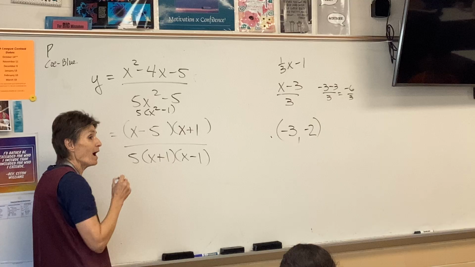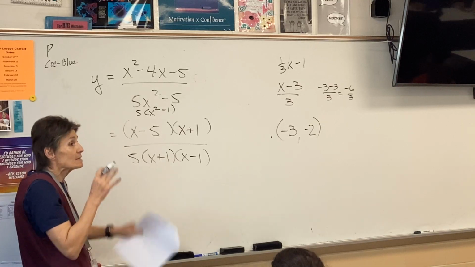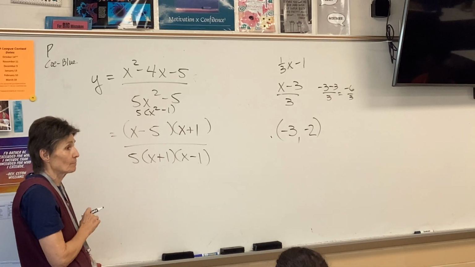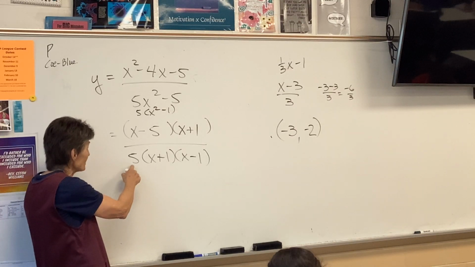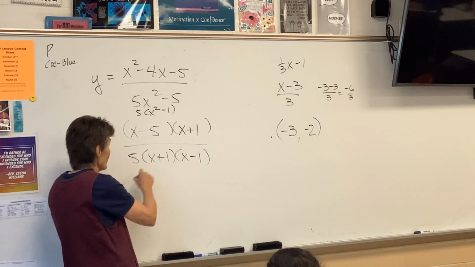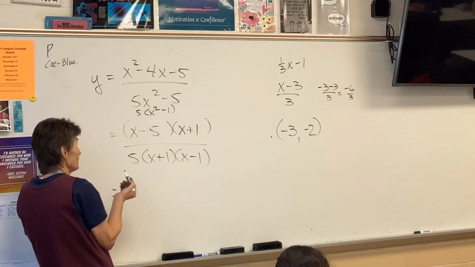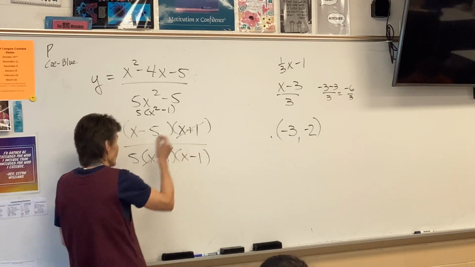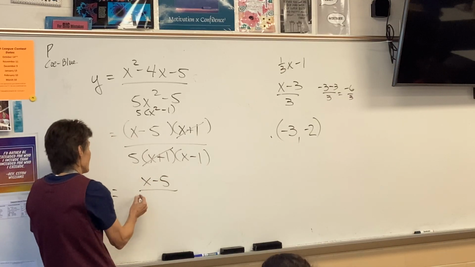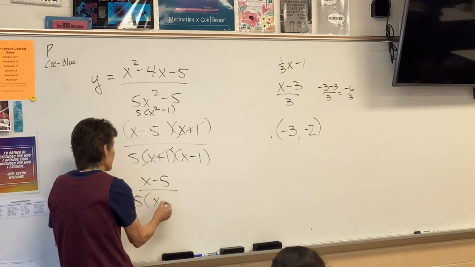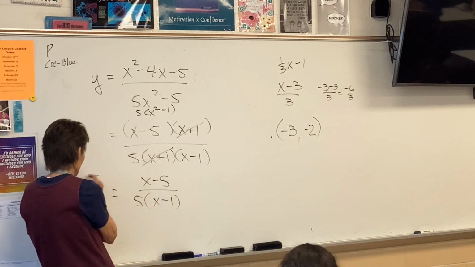Now, that 5 that we took out stays in the problem. Don't just lose it somewhere along the way. It stays. It's in the denominator along with your x plus 1, x minus 1. But we can cancel. So x minus 5 on top and 5 times x minus 1 on the bottom.